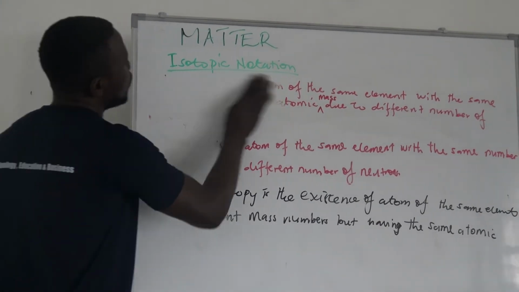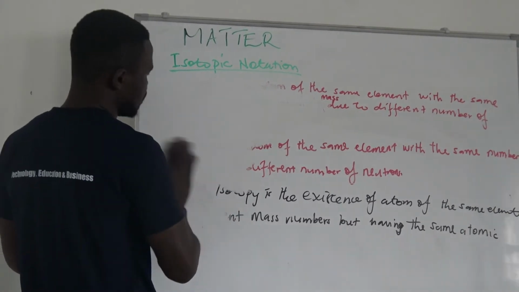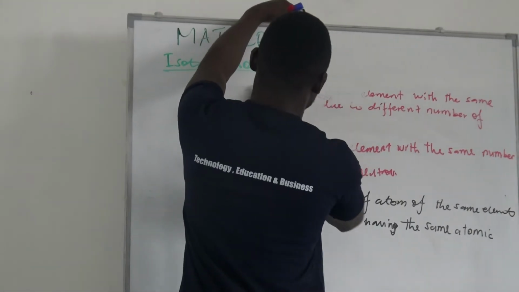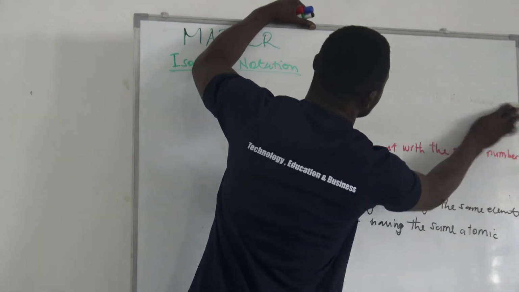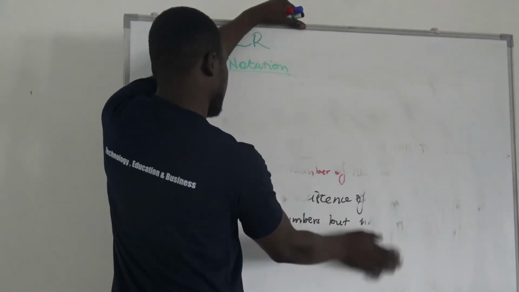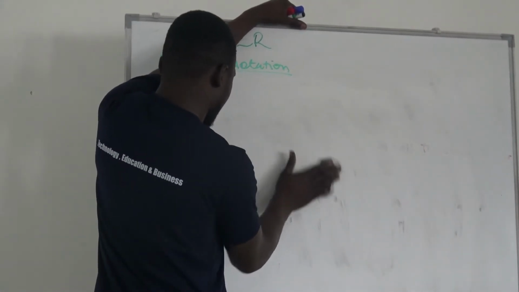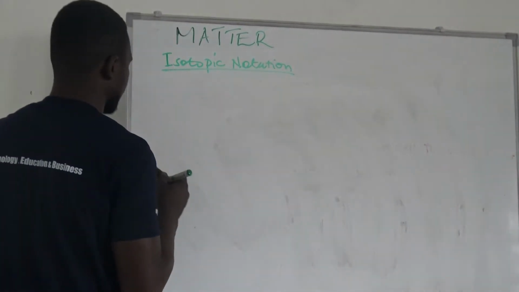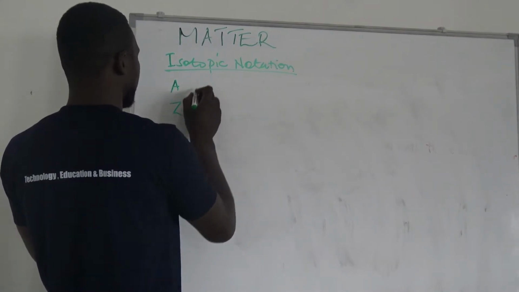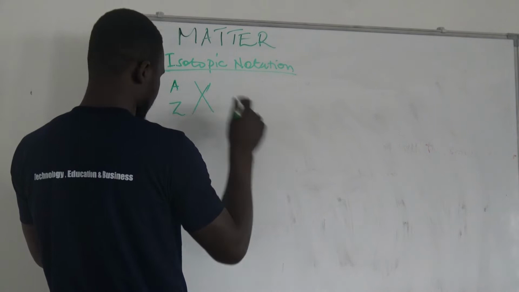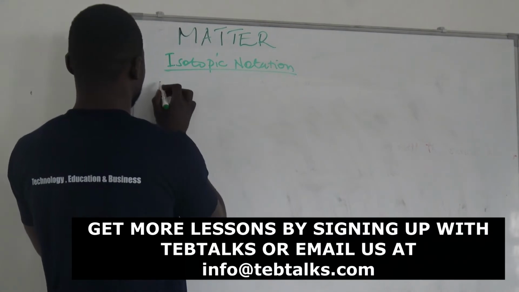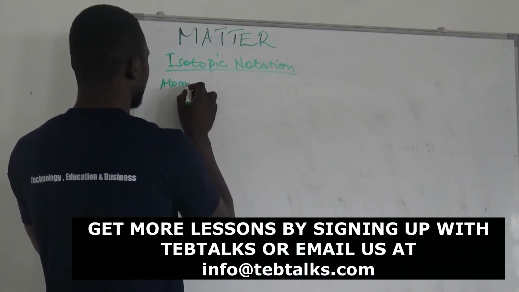We are still following the same procedures as before, where A denotes the atomic mass and Z the atomic number, assuming this is our same atom. That is how we are going to write it. Now let us look at examples of atoms.